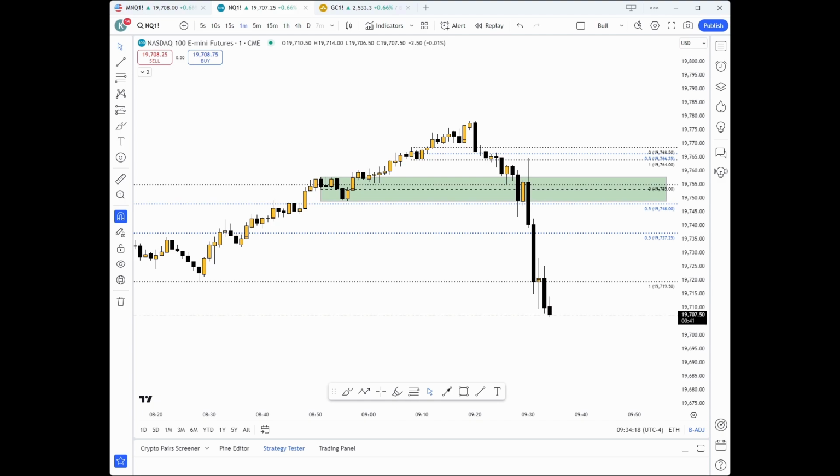Feels like it wants to continue going down. It's shoving hard, but it can't do anything.